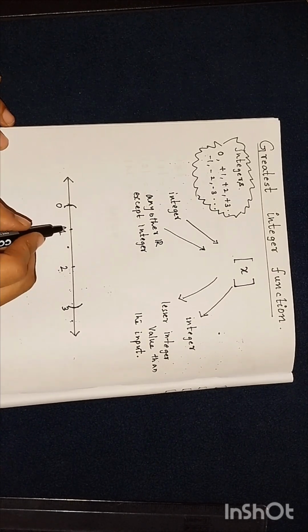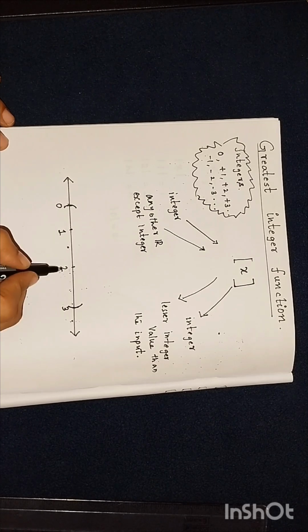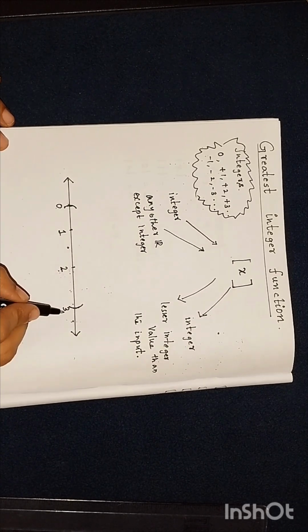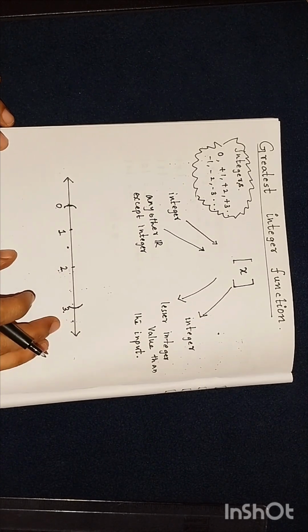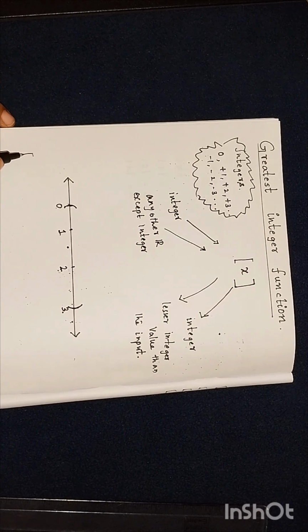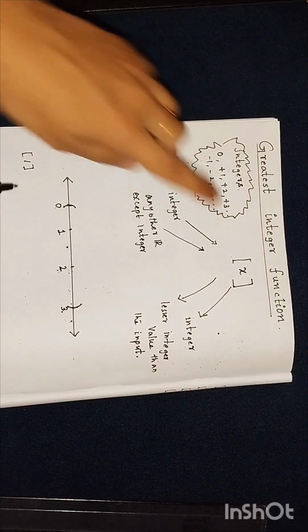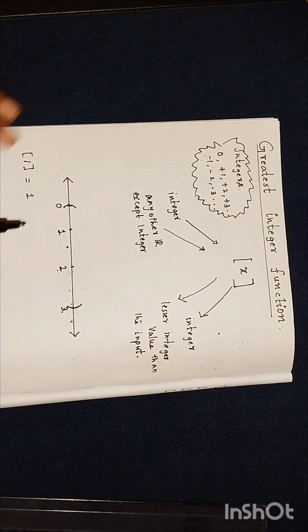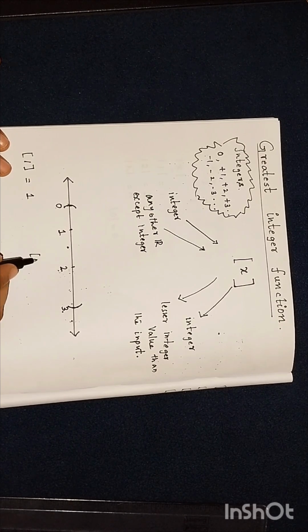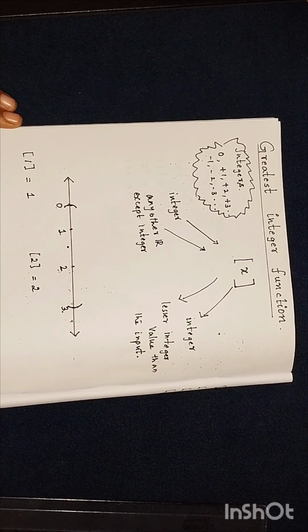Now we have 2 integers here, 1 and 2. Even 0 and 3 are also integers. So if you give the integer 1, the output will be 1. If you give 2 to the function, the output will be 2.